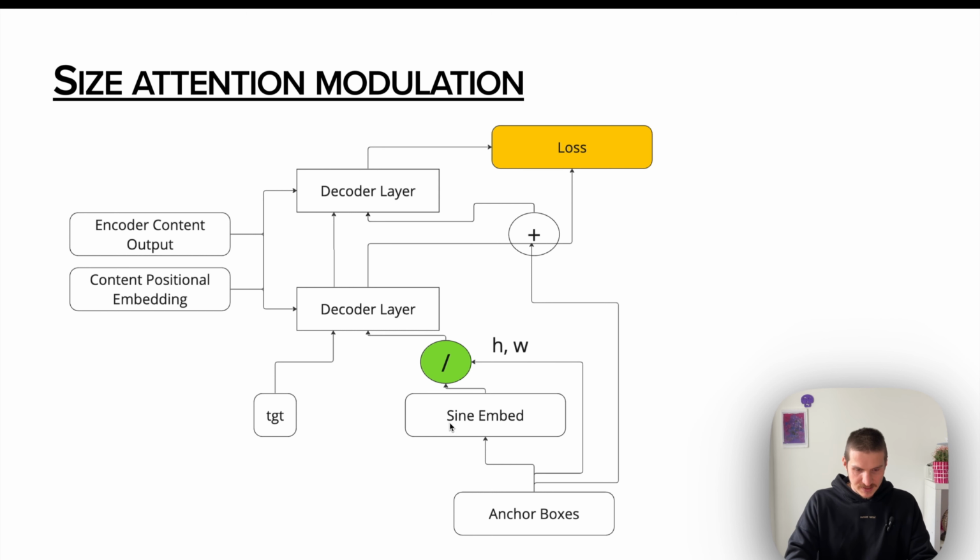Now we get the sine embedding for these x and y coordinates, and we divide that by height and width. Honestly, I've read the paper a few times and I've read the code, and this is what they do. They just divide the sine cosine embedding by height and width of the anchor boxes. Somehow that makes it modulate the size.